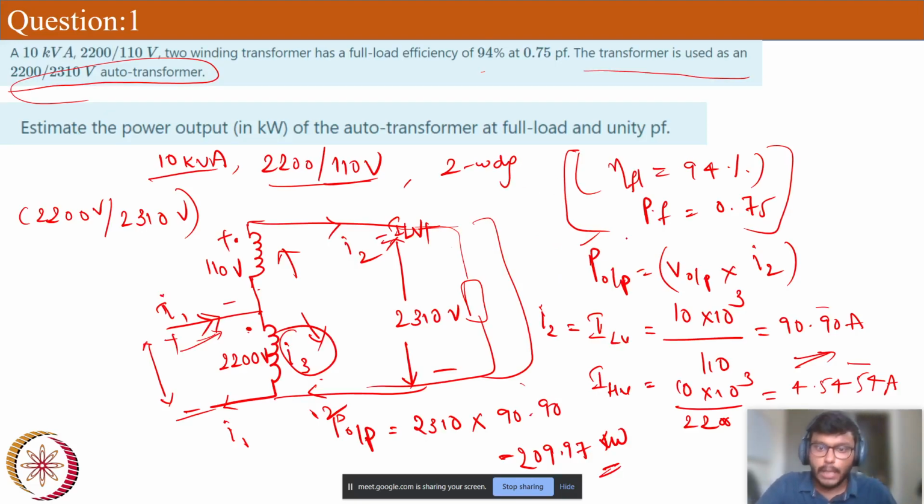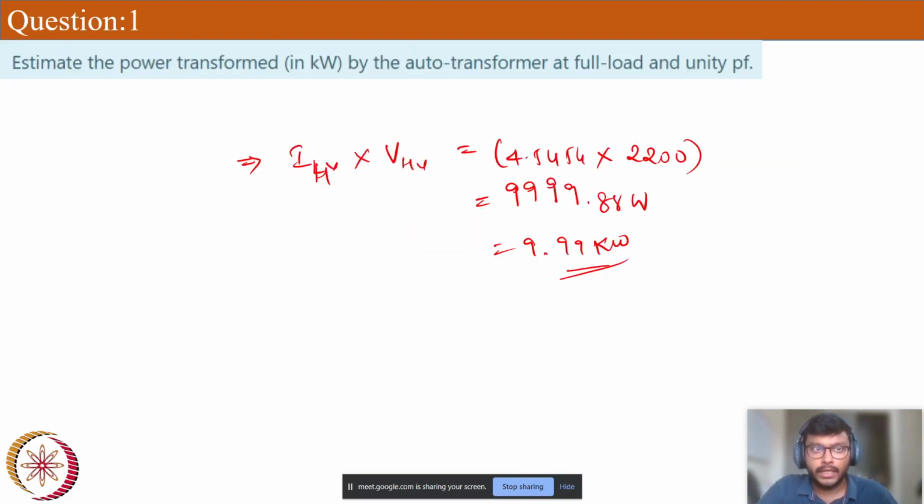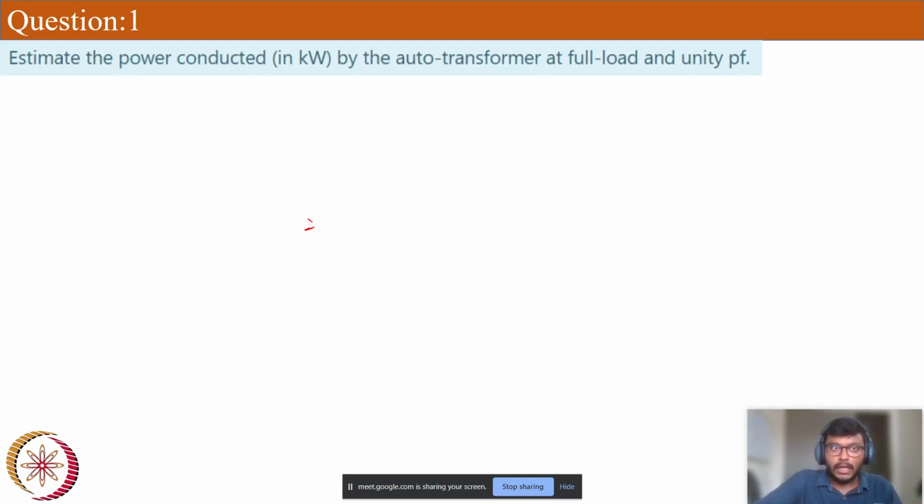So we have estimated the power output to be around 210 kilowatts, and the power transformed is around 10 kilowatts. Now the total power handled by my transformer is 210, and out of that only 10 kilowatts is being transformed by my primary winding. So now we have to calculate how much power is being conducted.